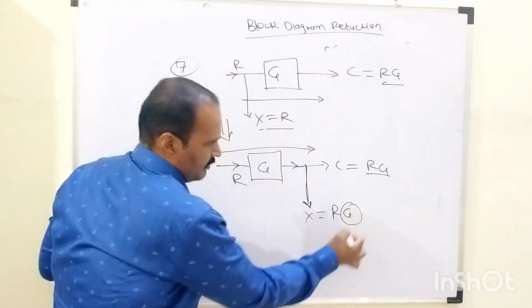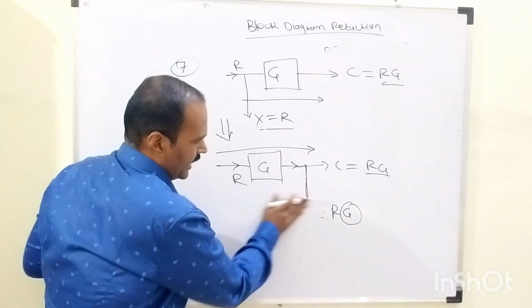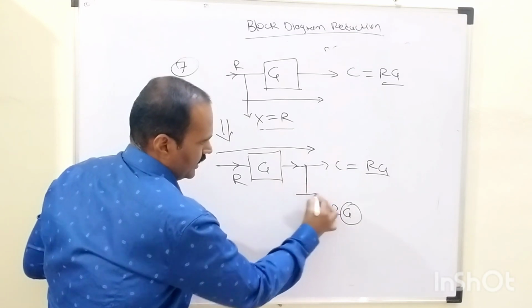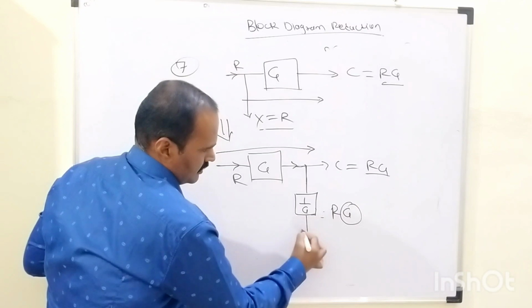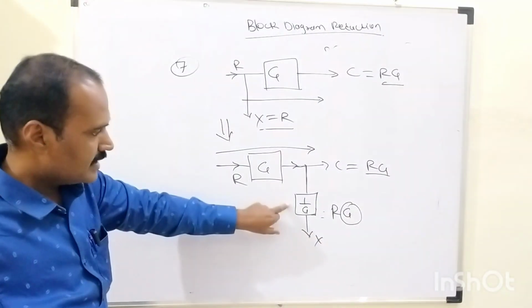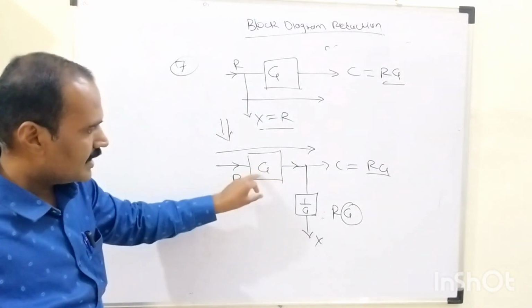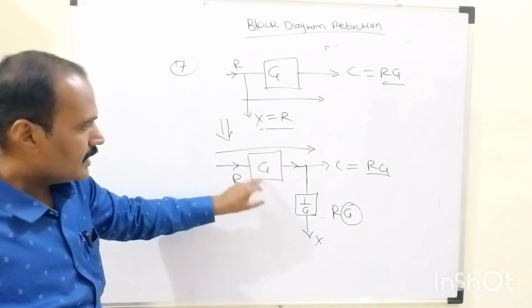So in order to eliminate this additive G, what we need to do? We need to add one more block whose gain is exactly equal to 1 over G, and this gives X, right? Once that block is added, whose gain is the reciprocal of that original one, what will happen?